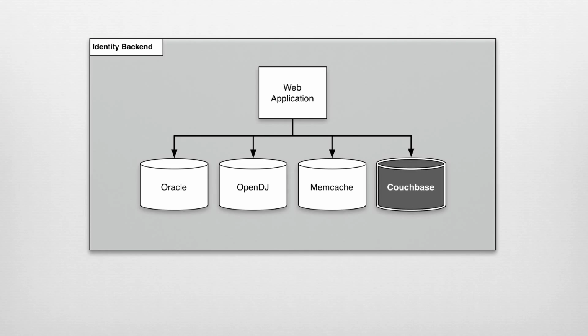This is really my area of work. We've got a web app, a typical Java web application. And there are quite a few silos here, different databases. We've got an Oracle relational database, OpenDJ, which is an LDAP store, Memcache, and Couchbase, which is what we're all here tonight to hear about.